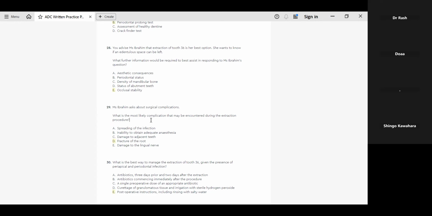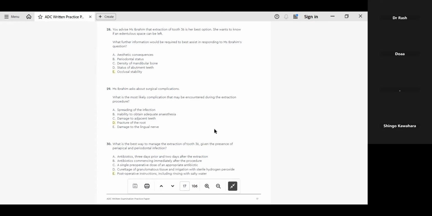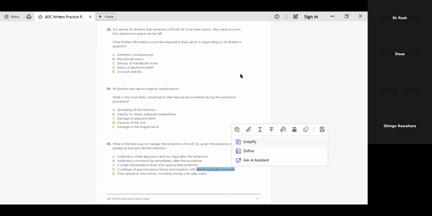Question 30, why not D? Curettage of granulated tissue and irrigation with sterile hydrogen peroxide. When do you use hydrogen peroxide to irrigate the tooth socket? All right. So part of the statement is correct, but the second part is wrong. It should be sterile saline for irrigation. You can't introduce hydrogen peroxide into the socket, right? It can be hazardous.